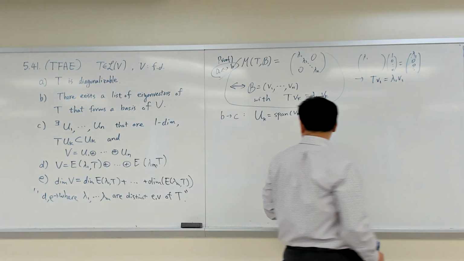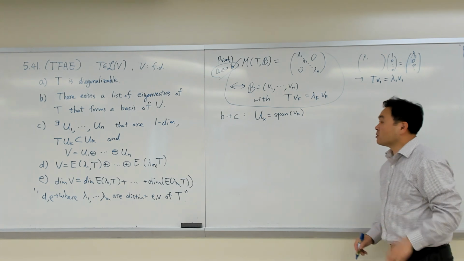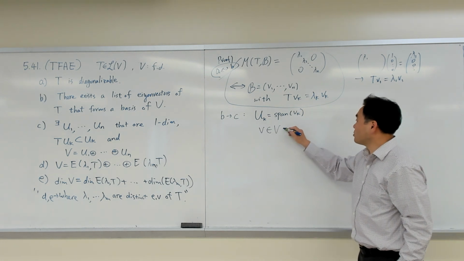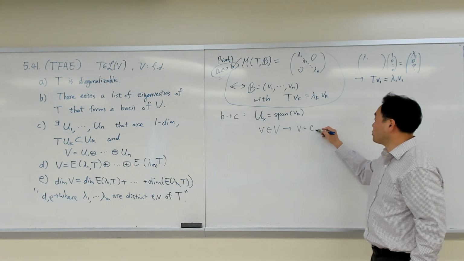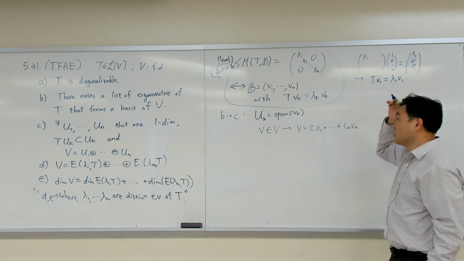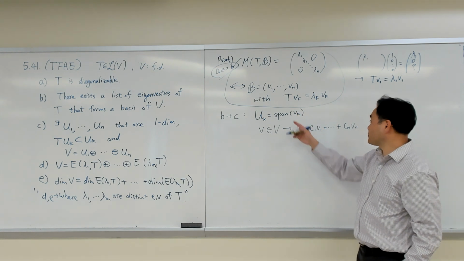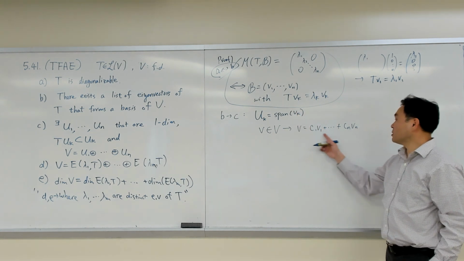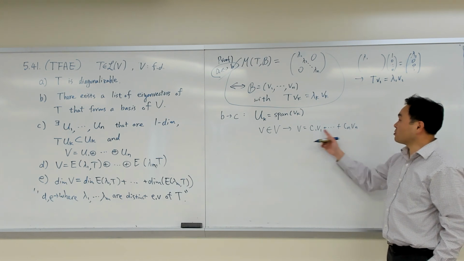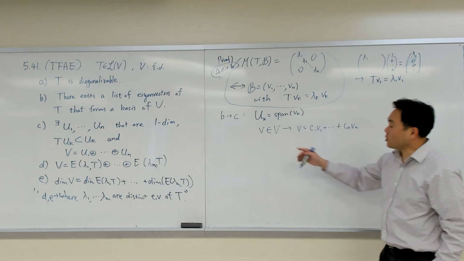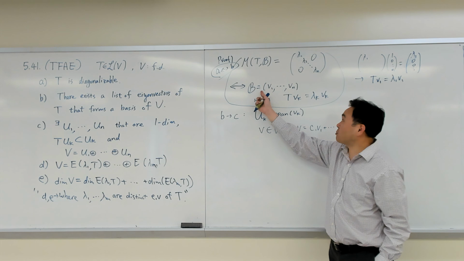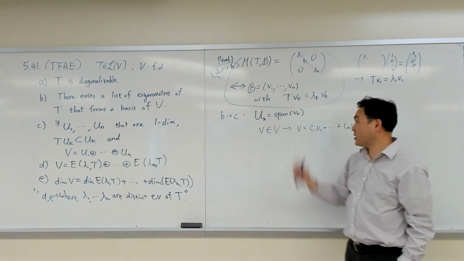And because any vector V in V can be represented as V equals c1 V1 plus through cn Vn, well, this is because V1 through Vn, we are assuming B, meaning that we are assuming that there is a basis that looks like V1 through Vn.